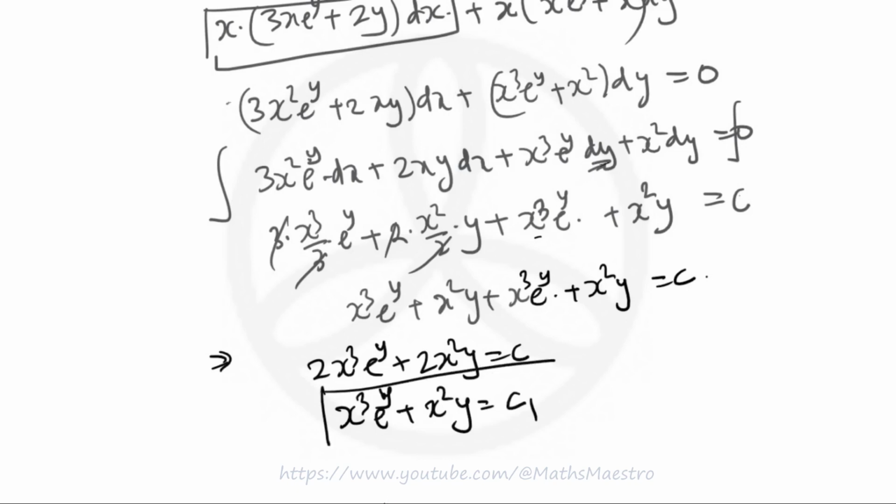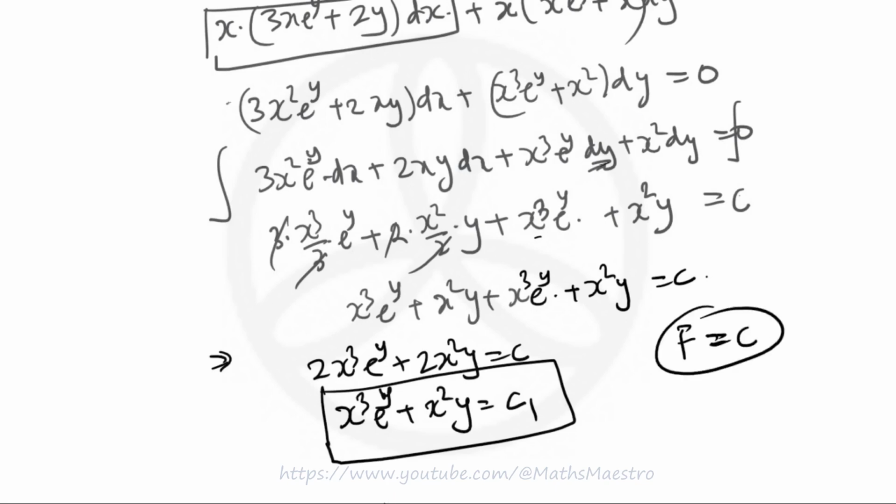This is the general solution of this particular problem. One general solution we usually write is the integration is equal to c, which is nothing but the left hand side is equal to a constant on the right hand side. The correct worked out solution for the given problem is right in the box.